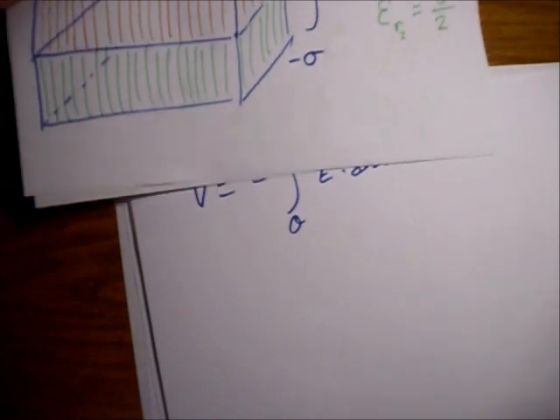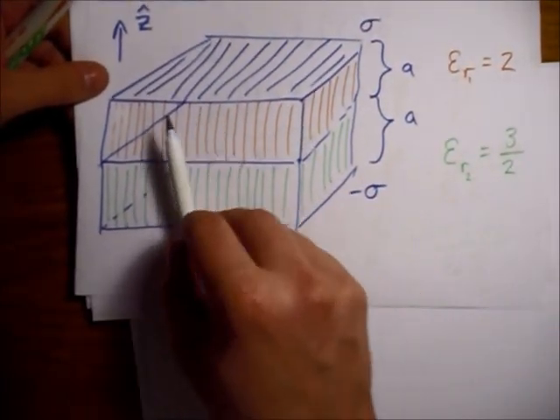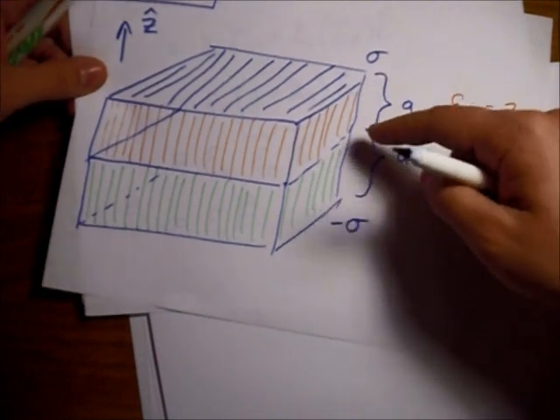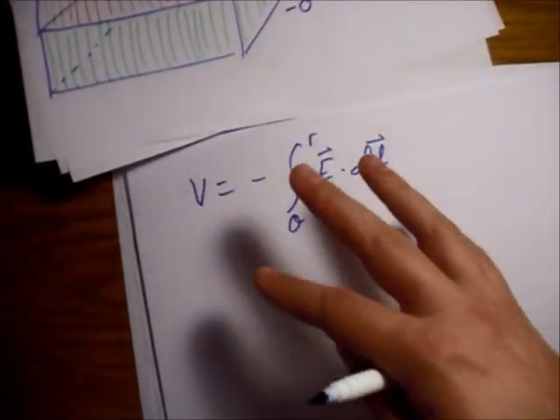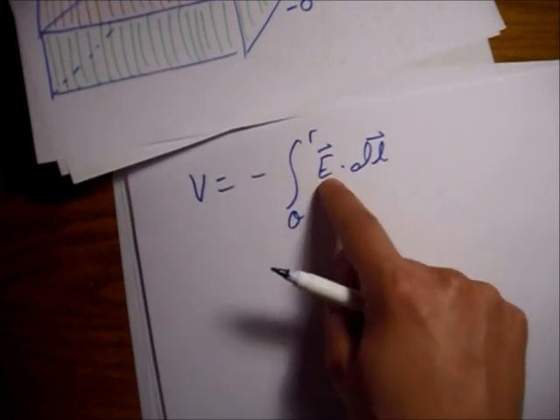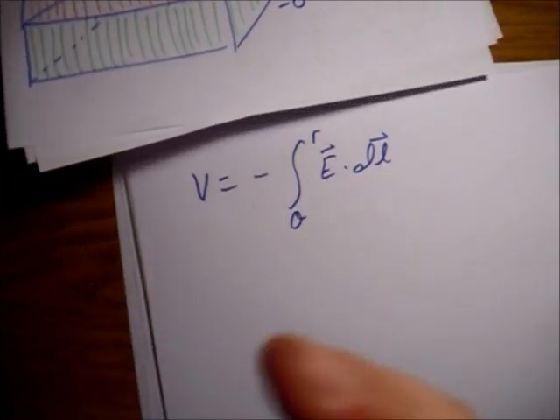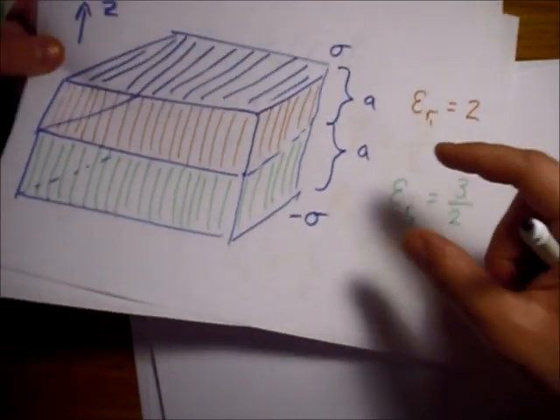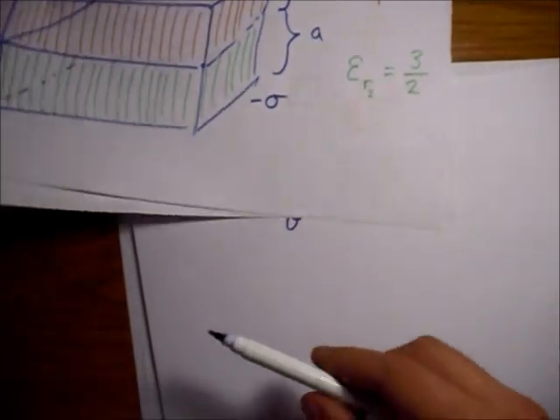This is what we're doing, but because our electric field is uniform, we can just multiply it by the distance rather than doing out the integral, right? E is just a constant in each region. Pull it out, and then the integral of this dl just gives us this distance.